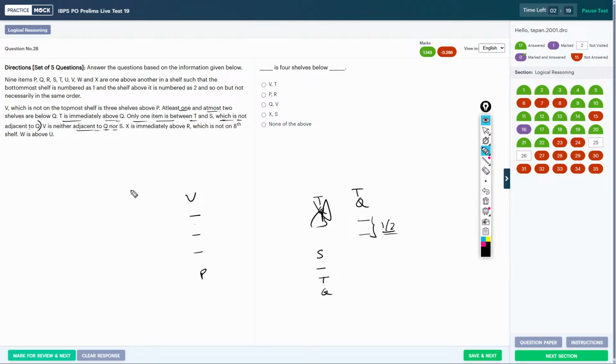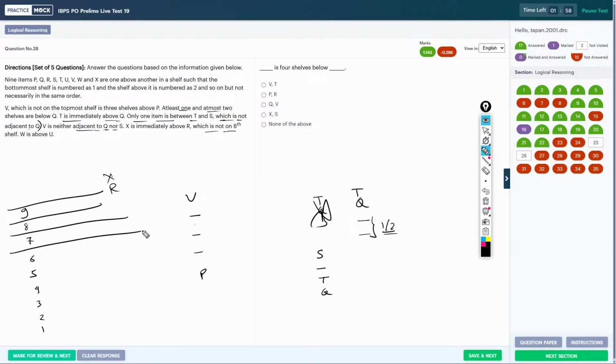X is immediately above R, which is not on 8th shelf. 9, 8, 7, 6, 4, 3, 2, 1. There are 5 questions, right? Cannot skip it.